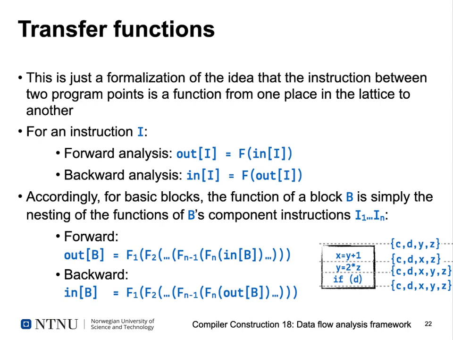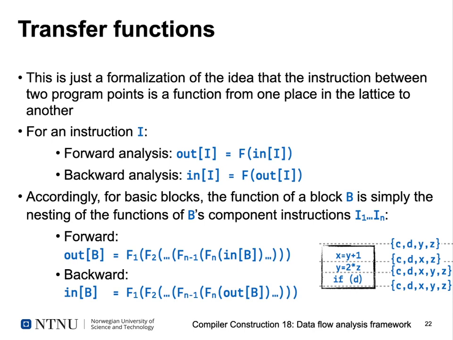So for a given instruction I, for our forward analysis, we know that the outset of I is the inset of I on which we apply our transfer function f. And the other way around, for a backward analysis, and that's what we've seen so far in our liveness analysis, we know that the inset of an instruction I is applying the function f to the outset of that instruction I.